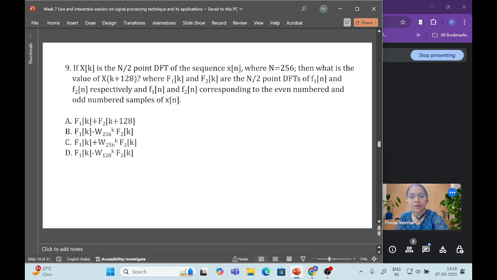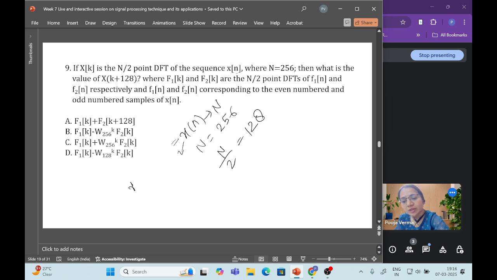X(k) is the N point DFT, x(n) is N point, and N is given as 256. So N by 2 is 128 points. That means it is dividing into even and odd parts, one even, one odd, where F1(k) and F2(k) are the N by 2 point DFTs of f1(n) and f2(n) respectively.